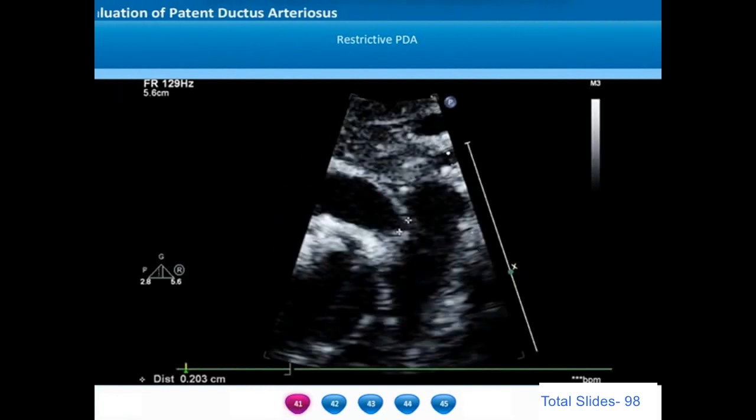On measuring the narrow pulmonary end of this restrictive PDA, we note that the pulmonary end of the PDA is around 2 millimeters. This is the feature of a restrictive small PDA.